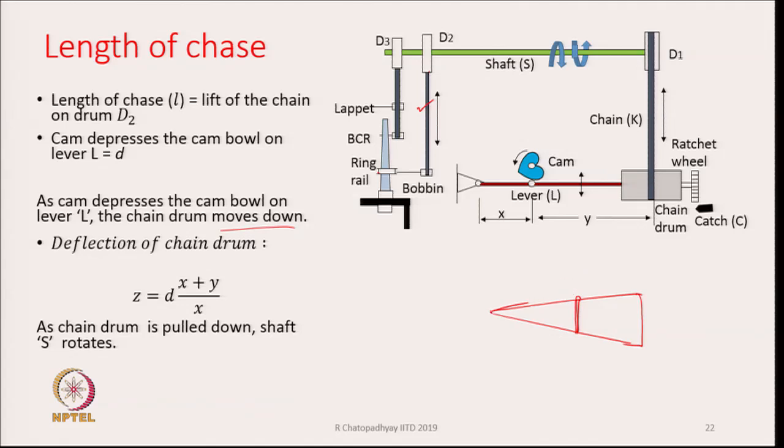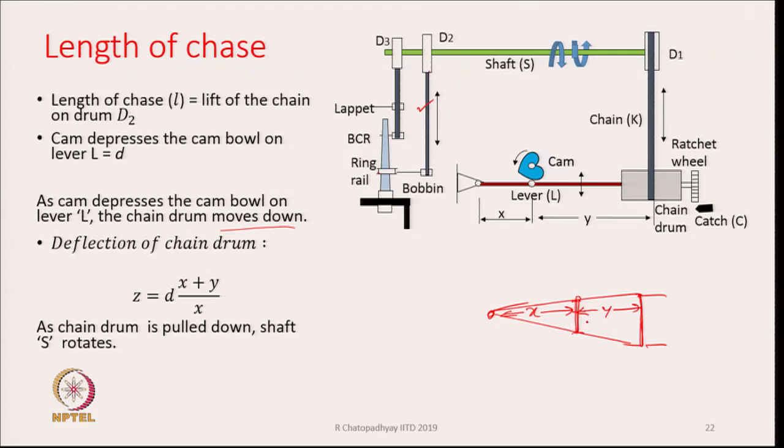So, this is the fulcrum position. From here to there, this is x, from here to there, let us say this is y, and the chain drum moves up and down by this much amount, and this is the location of the ball. So, the ball is moved by this.